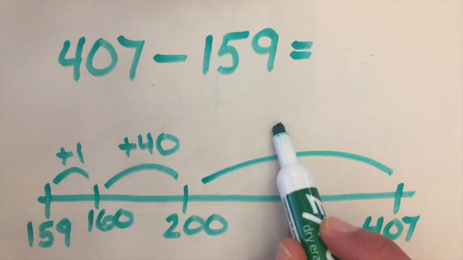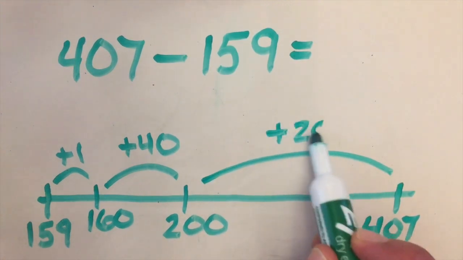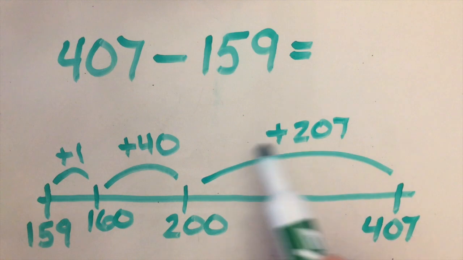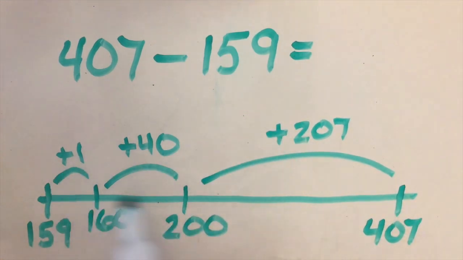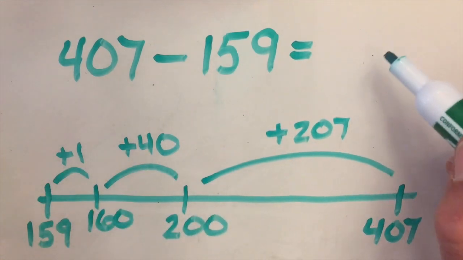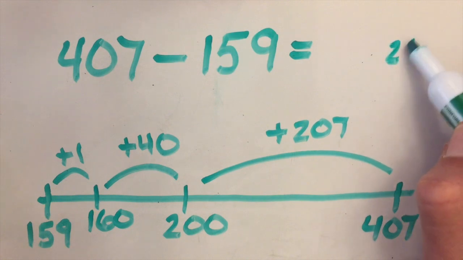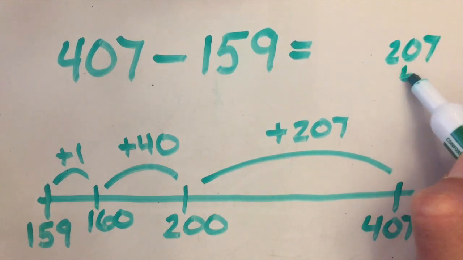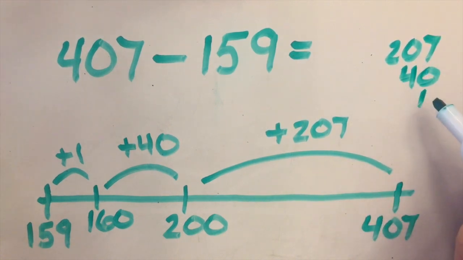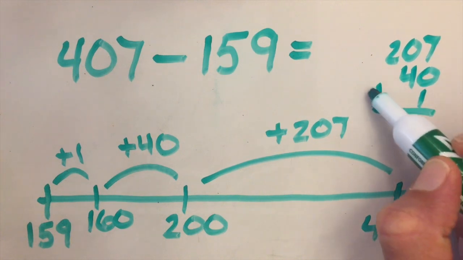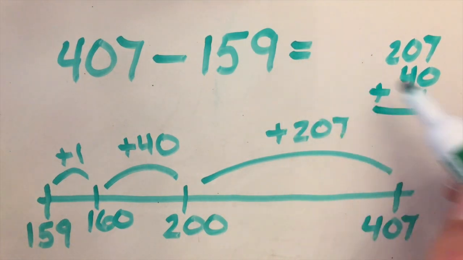So if we do this, that's +207. Now to find the answer, again, we could do some mental math, but I would recommend writing it down. So I'm going to put 207, 40, and 1, and we're just going to add those up to get our answer, what the difference is.